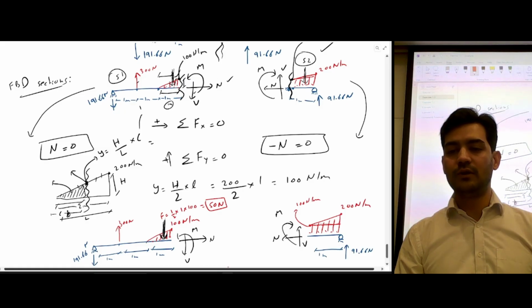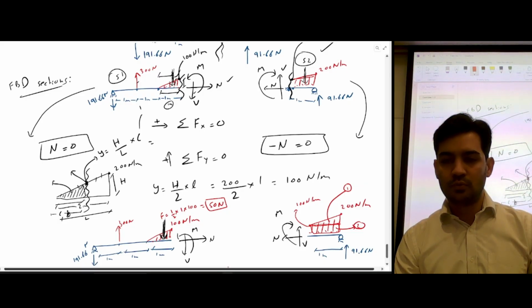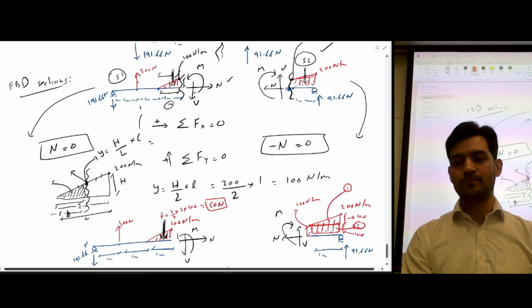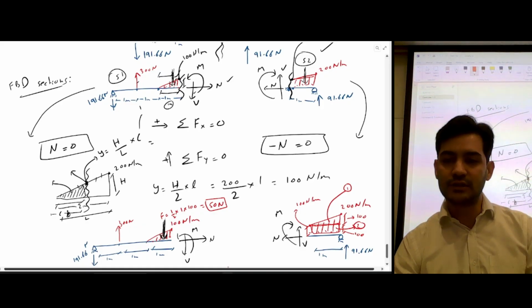If we divide it, we get one triangle and one rectangle. We know this height is 100, so this height is also 100, and this height is also 100. In this way we can calculate the resulting forces.